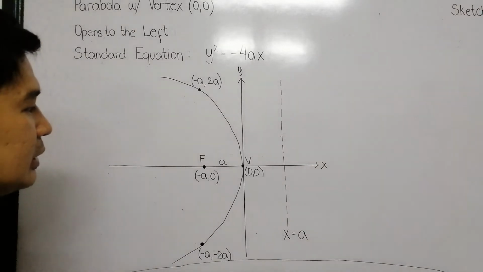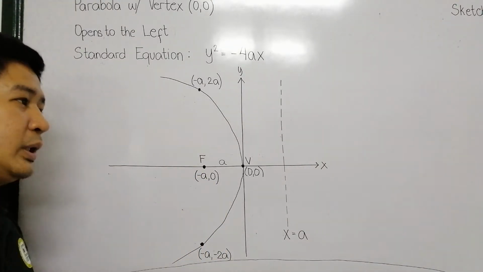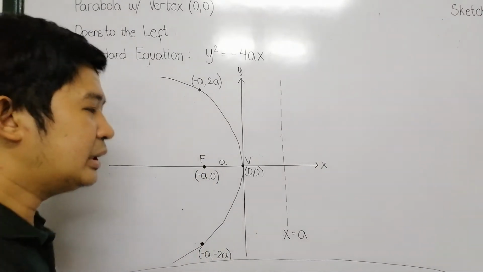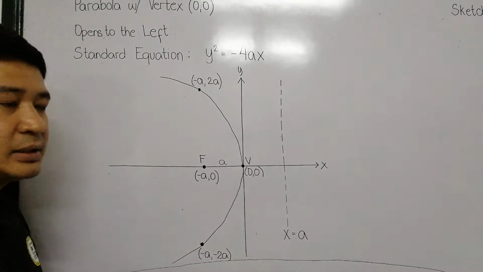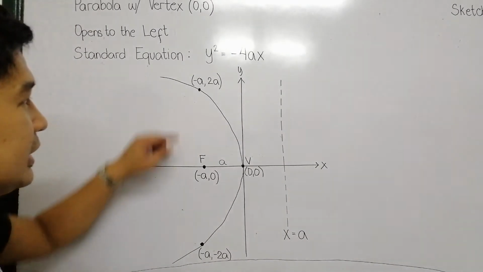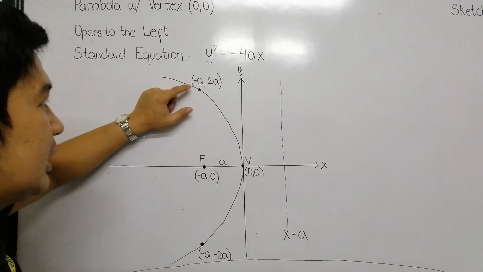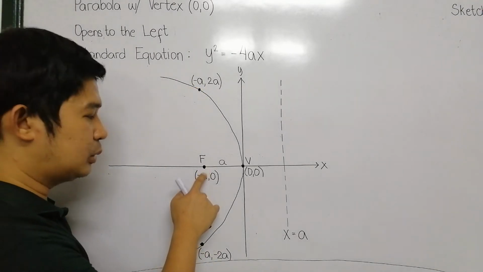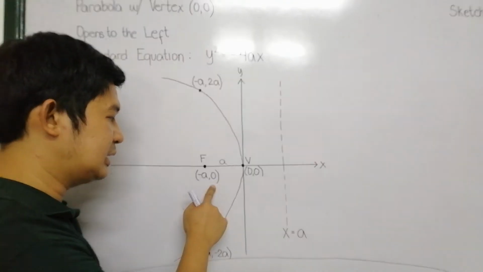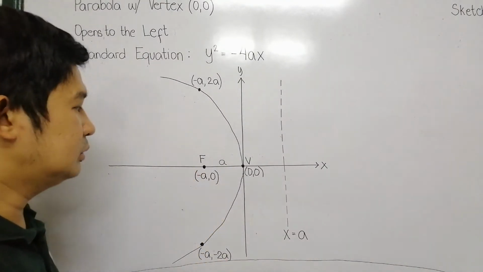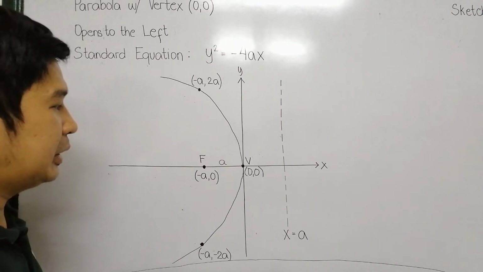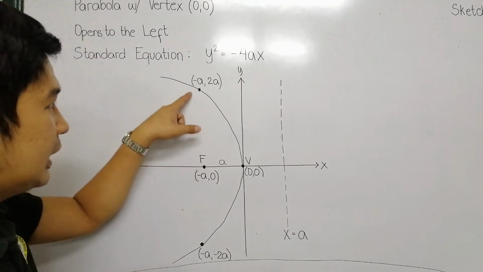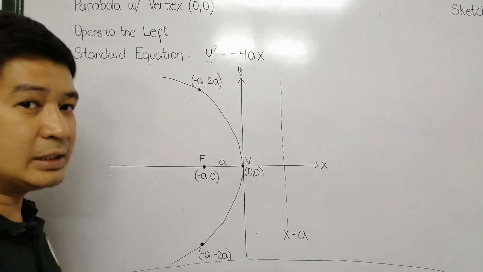So, now, coming from the focus, we can determine the coordinates of the endpoints of the latus rectum. So let's try to identify how this becomes this one. So from focus, which has the coordinates negative a and 0, we should always remember that the distance between focus and the endpoint is equal to 2a.